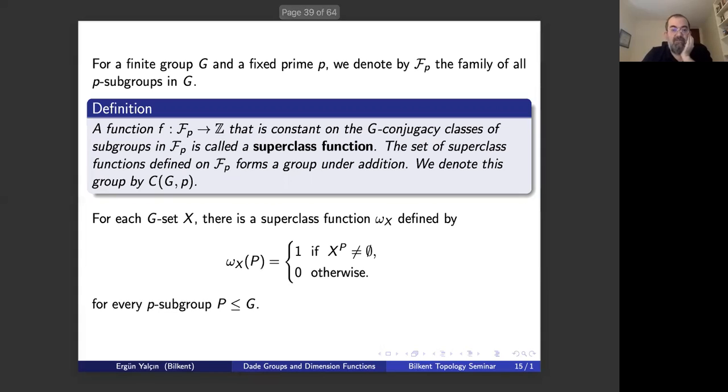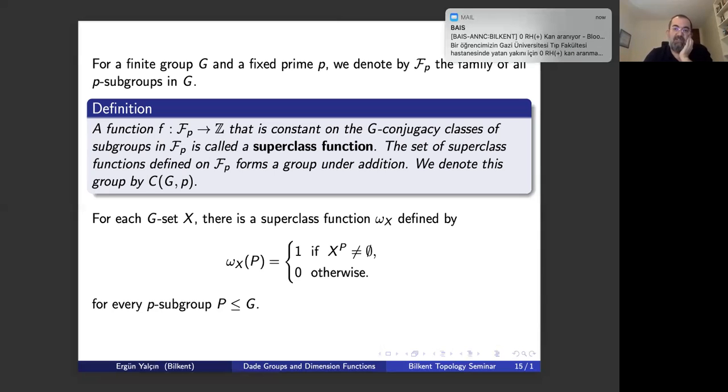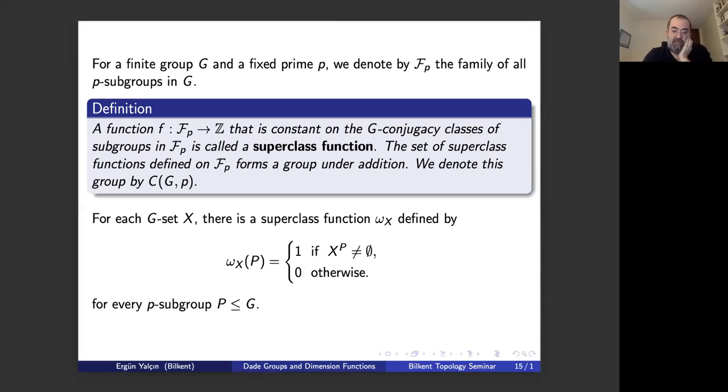The superclass functions have this natural basis, omega x, where omega x is defined in such a way that the value at P is 1 if P fixed points is non-empty, 0 otherwise. So this is a slightly different basis than the idempotent basis, which will take P to 1 and all the others to 0. But this is also a basis. So the omega x basis is very important.